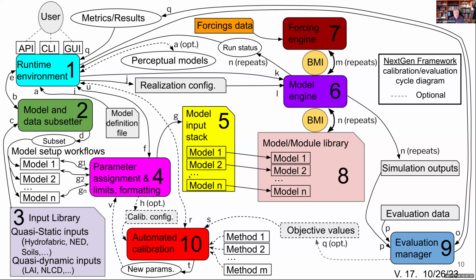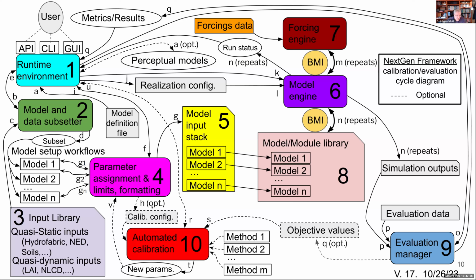Once the model input stack is created, the workflows have been run, and no errors have been thrown, this parameter assignment limiting and options thing can do two things. One is, optionally, it can write a calibration configuration file.